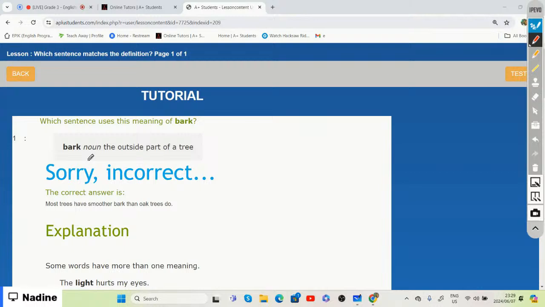Most trees have smoother bark than oak trees do. And the meaning of bark is the outside part of a tree.